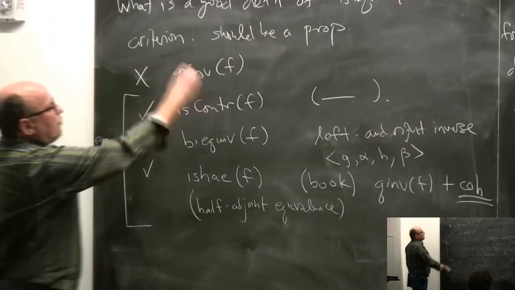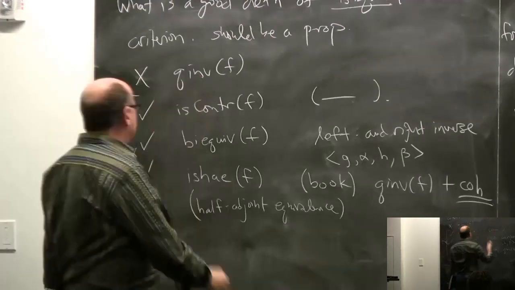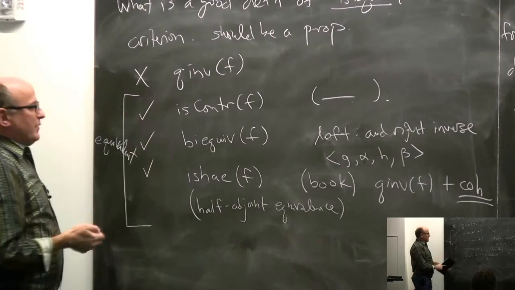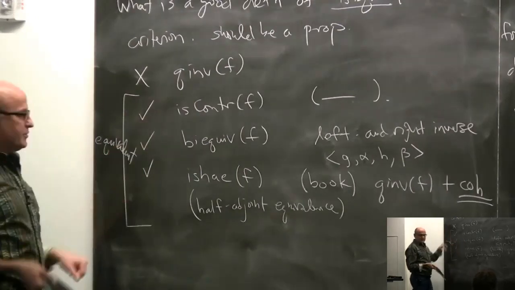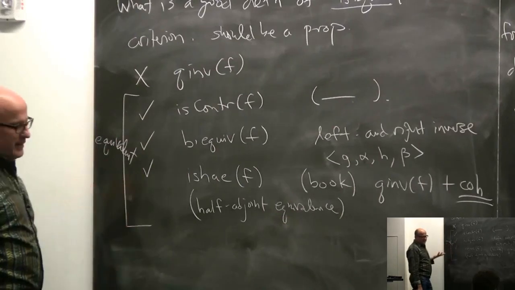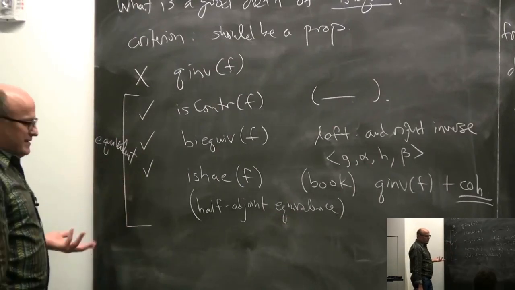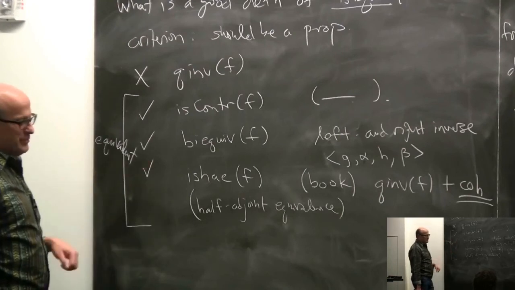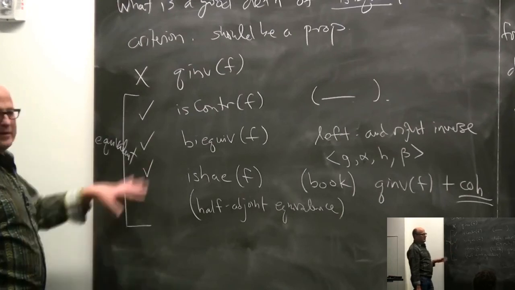So you can pick any of them for your definition of is-equiv. I think the book officially plunks for this one, but it doesn't matter because all the right relationships are established in the book, so you can look at them. It's very technical. I tried to find a way to express at the board the proofs of all the equivalences, but it seems like it'll be a little dull, so I'm going to let that go.